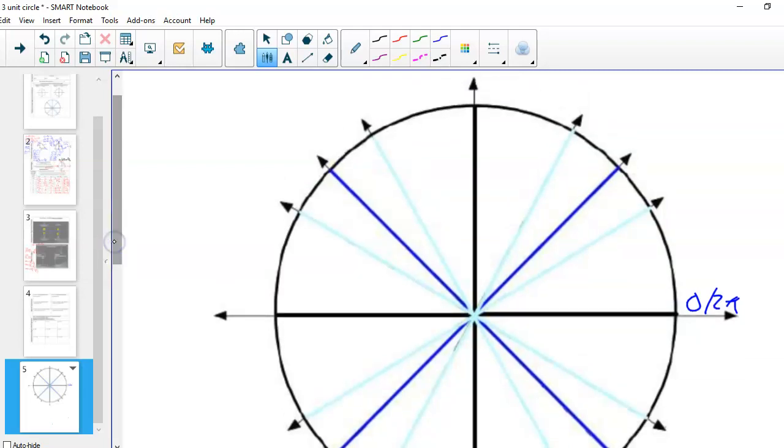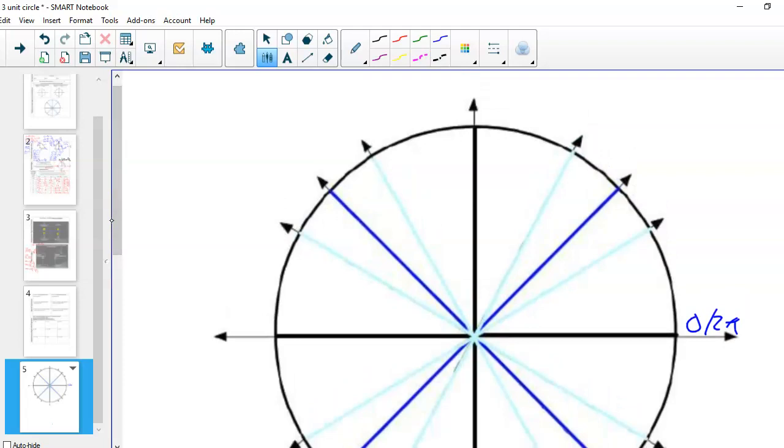I am not capable of labeling that whole entire unit circle yet. Not yet.